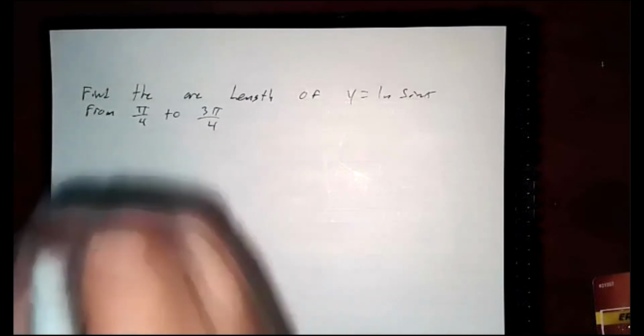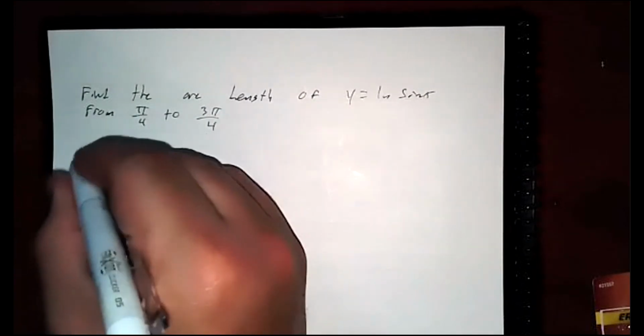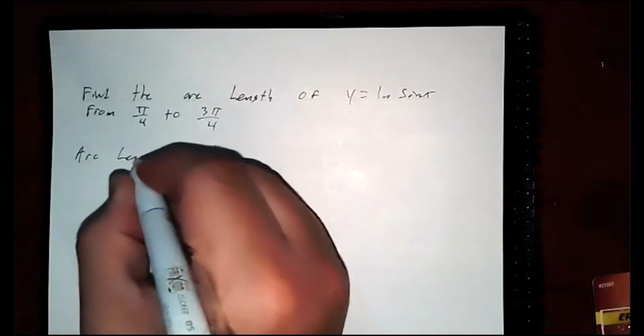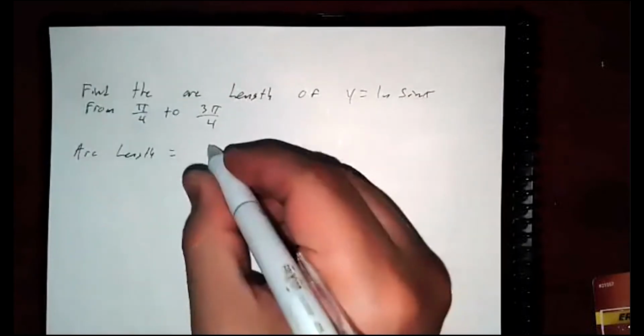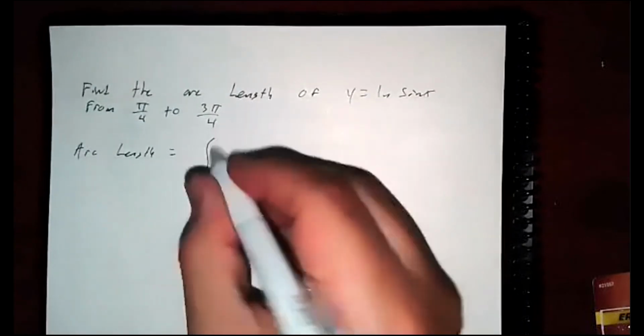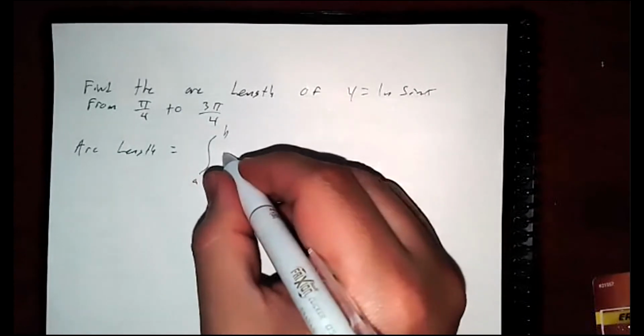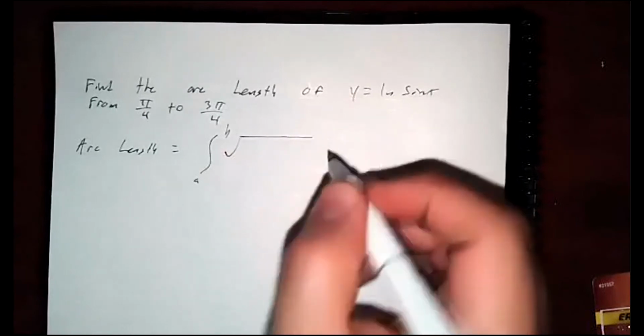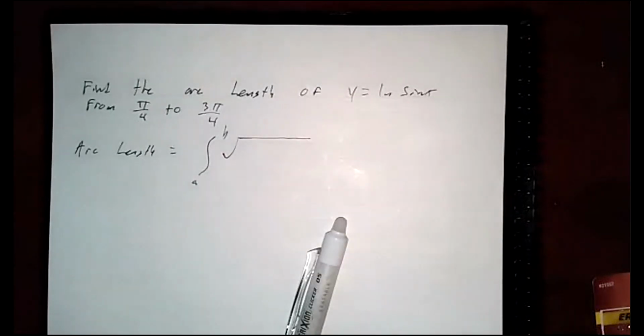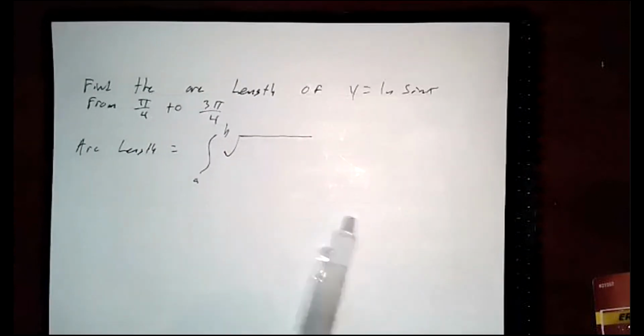All right. And the formula for arc length is equal to the integral from a to b. Was it square root of 1 plus the derivative? Is that what it was? I forgot already. Let me check. Yeah, derivative squared.